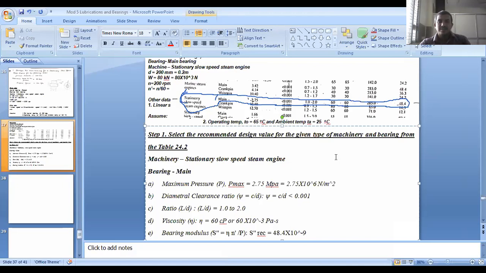Yes, any doubt regarding this? Those who have doubts, please unmute yourself and clarify the doubt.